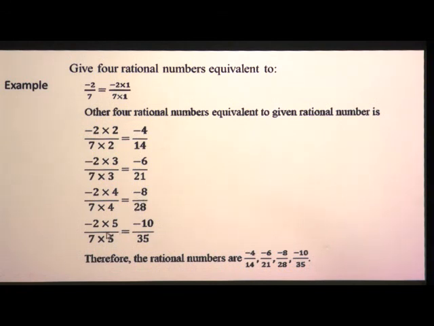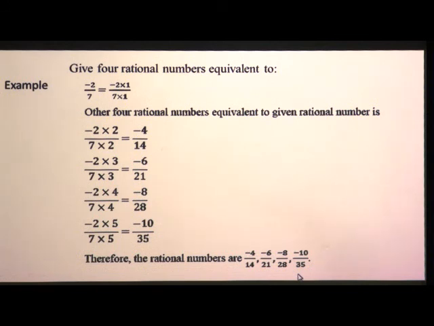Then we multiply by 5. So, the product will be minus 10 upon 35. Therefore, the rational numbers are minus 4 upon 14, minus 6 upon 21, minus 8 upon 28 and minus 10 upon 35.